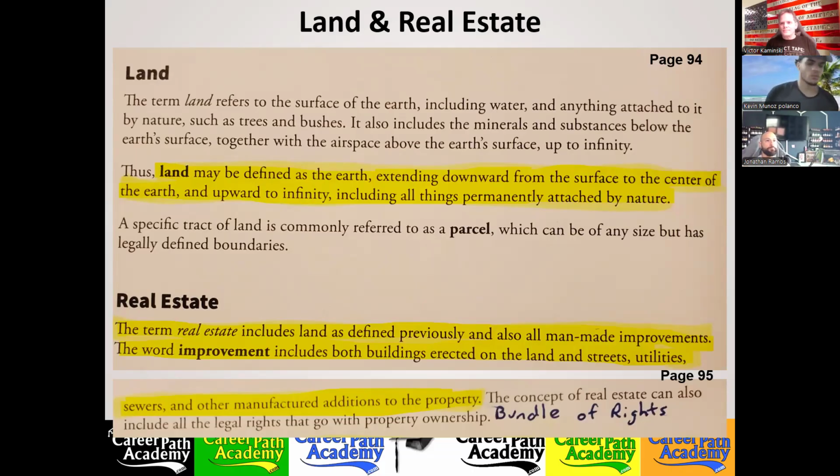Okay, good. Just writing bundle of rights down there, or up there on the top of page 95.